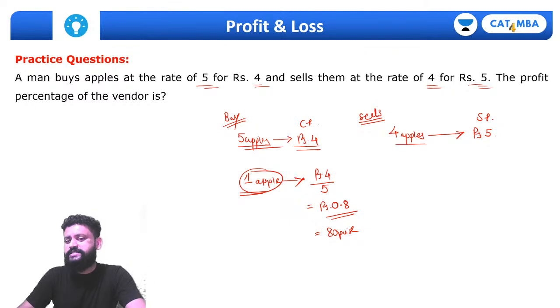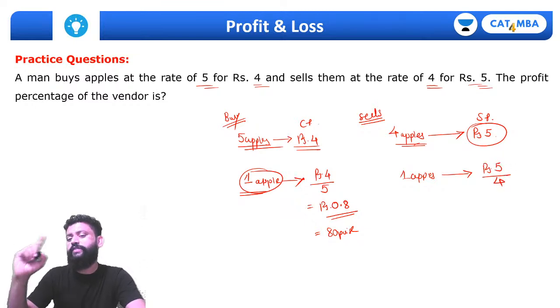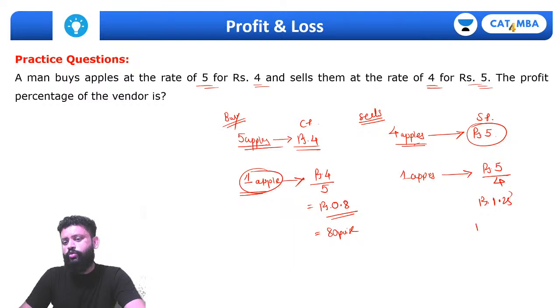And when he sells 4 apples for rupees 5, so surely he is charging 1 एप्पल के लिए कितना चार्ज करेगा वो? We need to divide that 5 rupees in 4 parts, क्योंकि वो 5 rupees में 4 ही एप्पल दे रहा है, right? So that comes out to be 1.25, or you can say 125 पैसे.